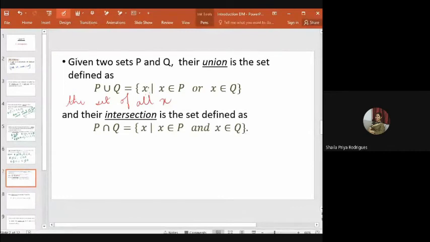If you had put it as N there, then it becomes a set of all N. The set of all X such that X belongs to P, or X belongs to Q. This is how you read it.